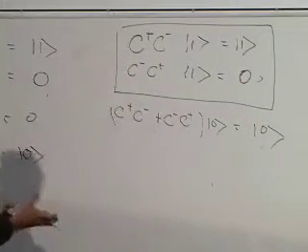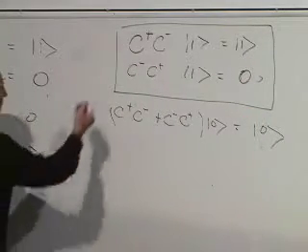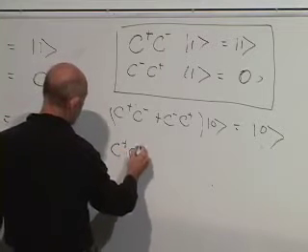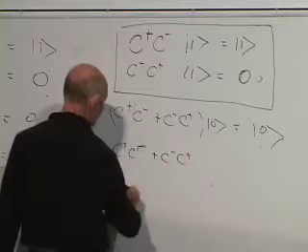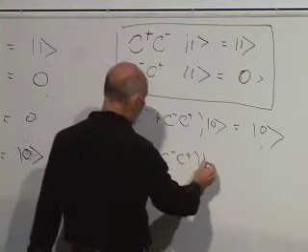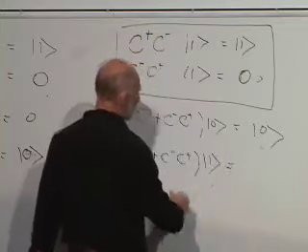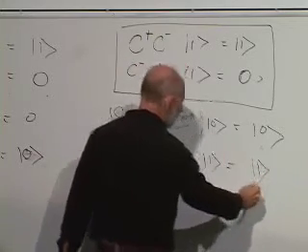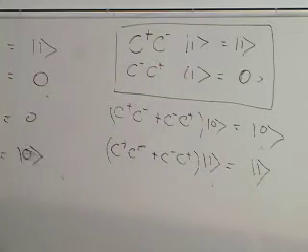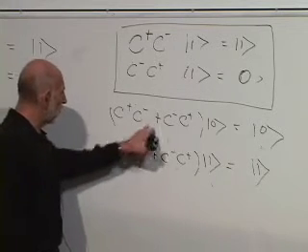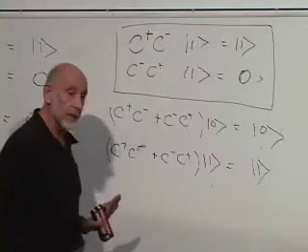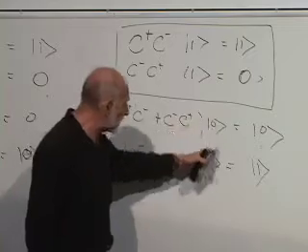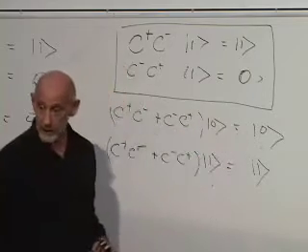What happens if we add these two equations? We find again C plus C minus plus C minus C plus on 1 gives 1. So the two are equal to I. This particular combination, when it acts on any state, gives back exactly the same state.